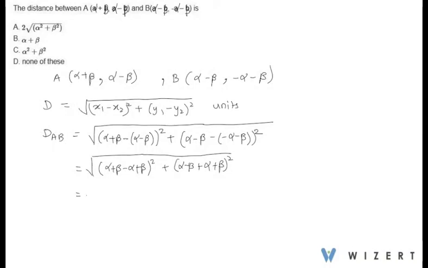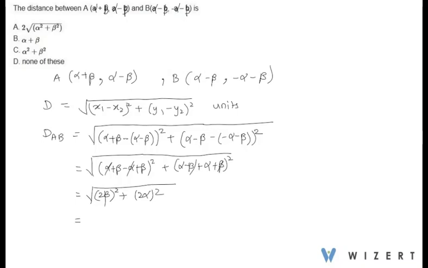Let's see, minus alpha plus alpha cancels out, minus beta plus beta cancels out, so we are left with beta plus beta, which is 2 beta, whole square, plus alpha plus alpha is 2 alpha, whole square.